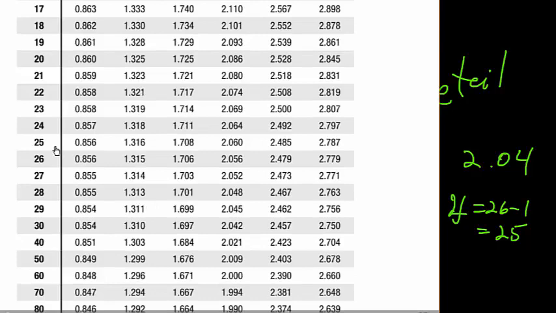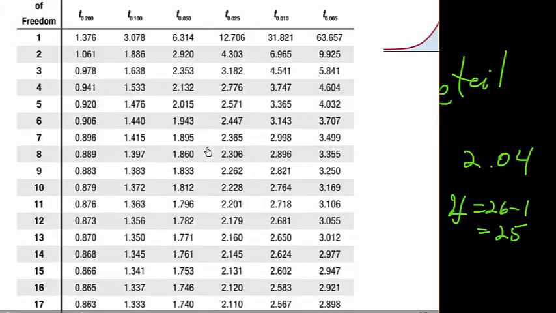Here's my 25. Walk across until I get something smaller than or between 2.06 is what I'm showing, 2.04. So I'm going to be somewhere above whatever this previous one is, 1.7, but below 2.06.